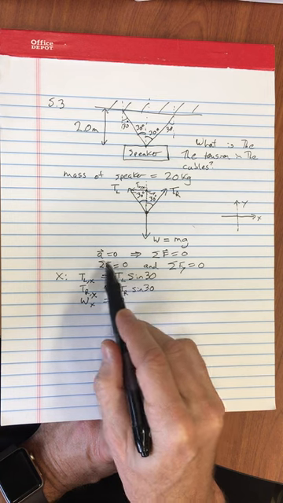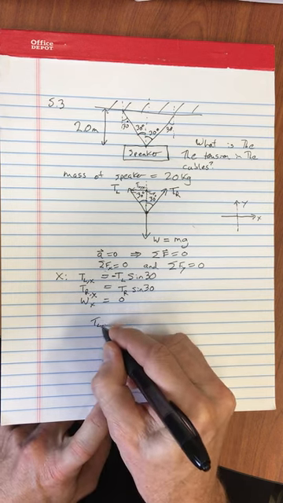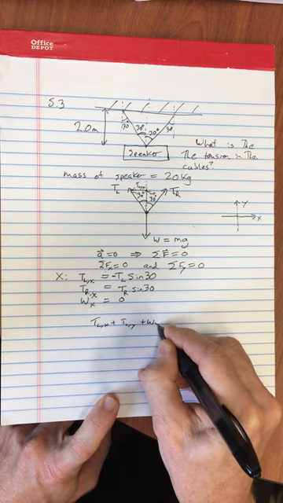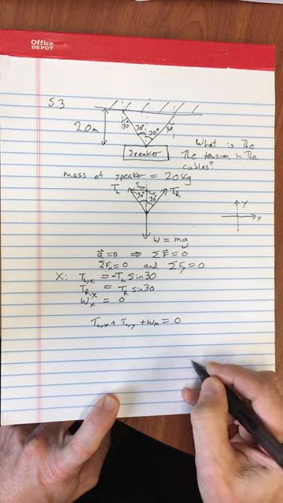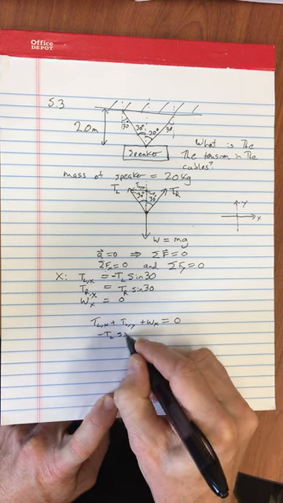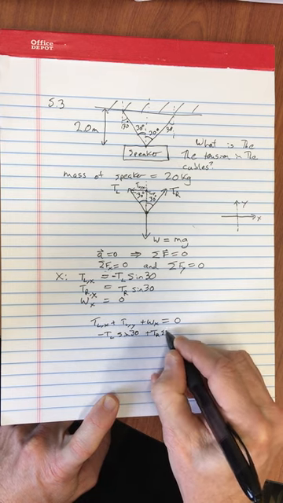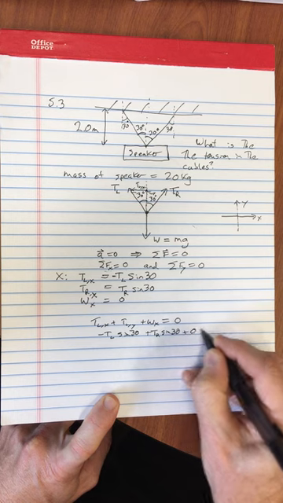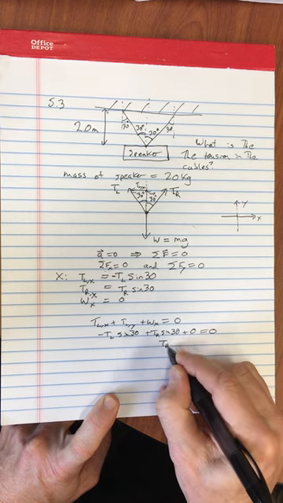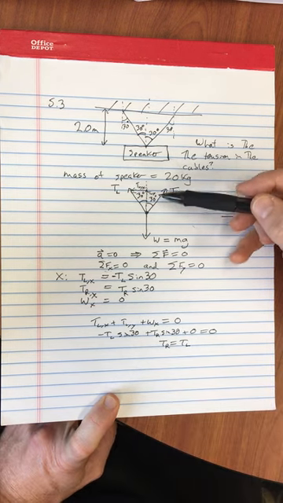This equation, the sum of Fx equals 0, means TLX plus TRX plus WX equals 0. That means minus TL sine 30 plus TR sine 30 plus 0 equals 0. That then gives me TR equals TL. So we might have guessed that from inspection.